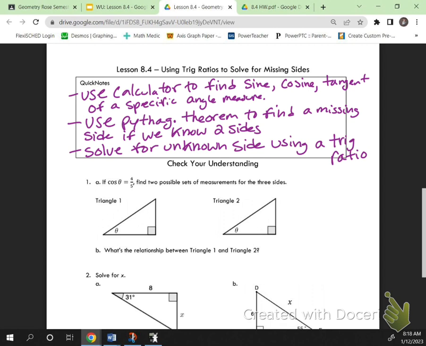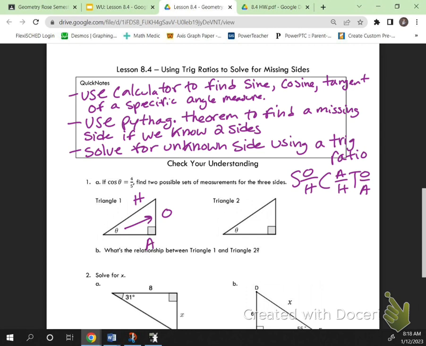Number 1 says, if the cosine of theta is 4/5, find two possible sets of measurements for all three sides. The cosine. So again, SOHCAHTOA. So the first thing you should do is start by labeling. This is my opposite, hypotenuse, adjacent.